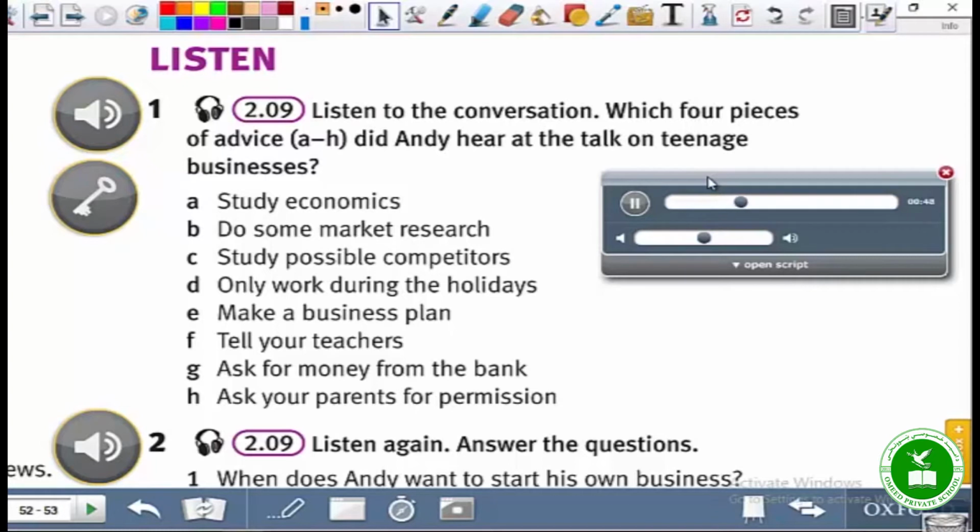He also explained what we had to do before starting. For example, you have to do some market research first. Why? Well, you need to know if there is a market for your service or product. If nobody's interested, then it won't be very profitable. Of course. And if there are lots of rivals, it will be difficult to break into the market. Exactly.